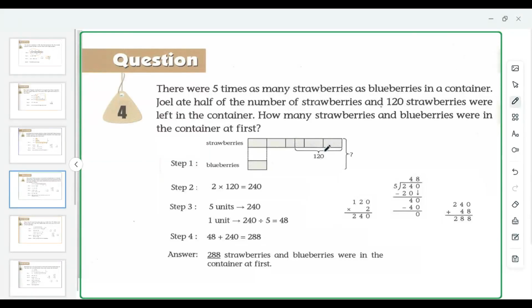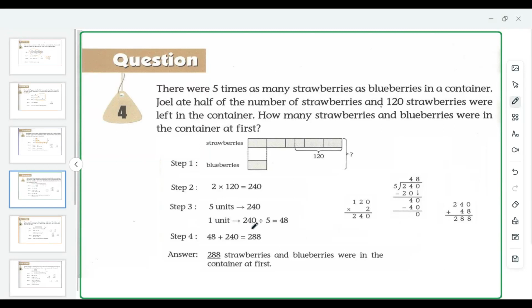Half is 120. So the whole lot together is 240. Yeah? 120 plus 120. It's twice. Just 240. So 5 units is 240.